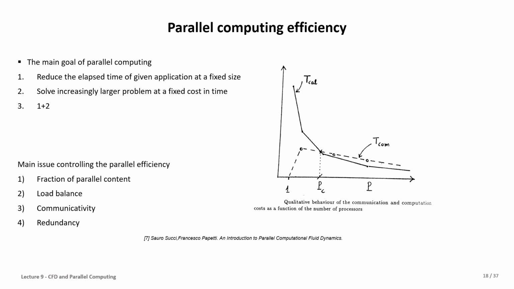And the third one is a combination of these two goals. There are some main issues in controlling the parallel efficiency: a fraction of parallel content, load balance, communication, and redundancy, which have much detail, and in some practical examples we will look at these issues.